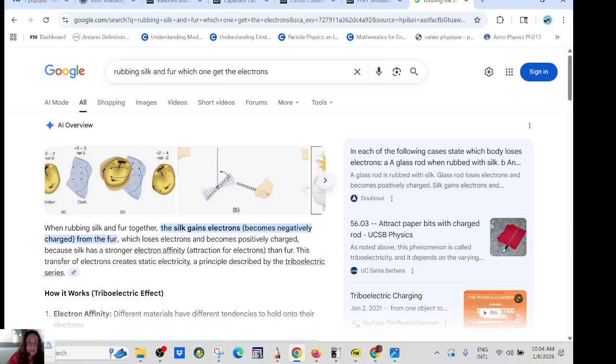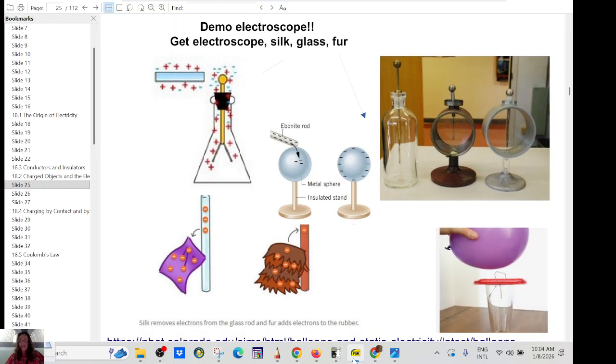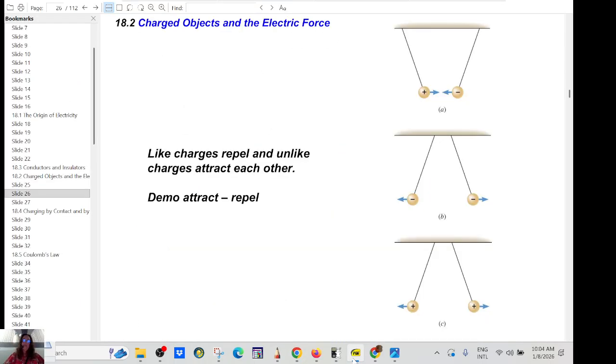The silk. It's a good question. The silk likes electrons more. See, there is a hierarchy. There is a table. Thank you, Gemini.